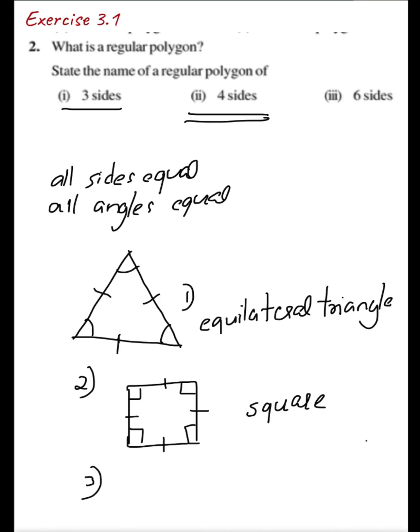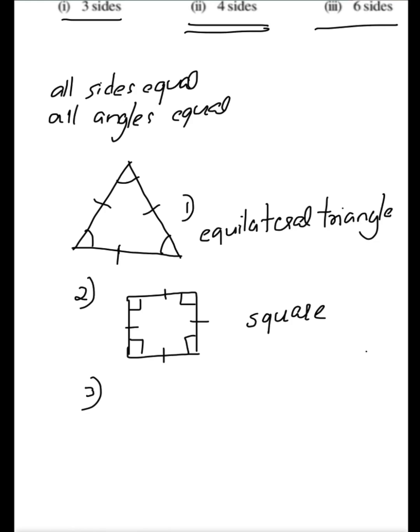Now what about the third? 6 sides. All the 6 sides should be equal and all the angles should be equal. So it will look like this. 1, 2, 3, 4, 5, 6. Here you can see that all sides are equal and all angles are equal.